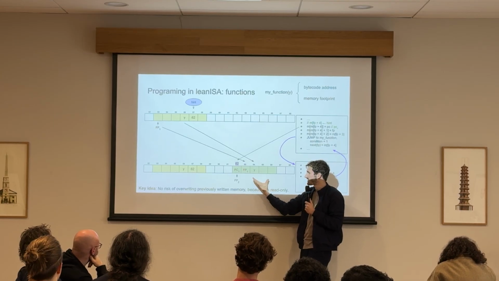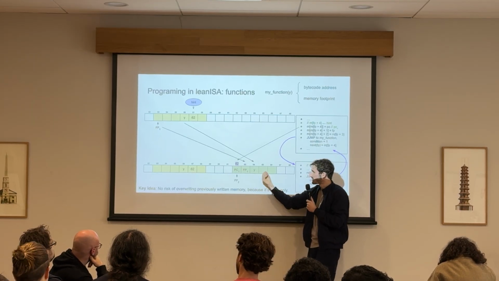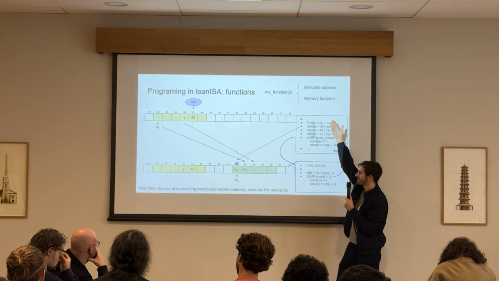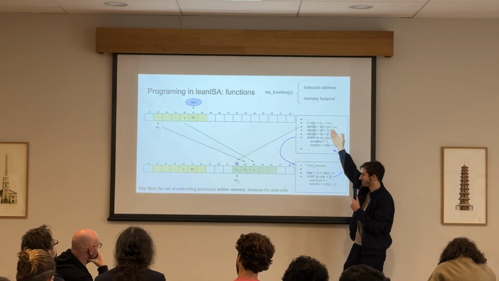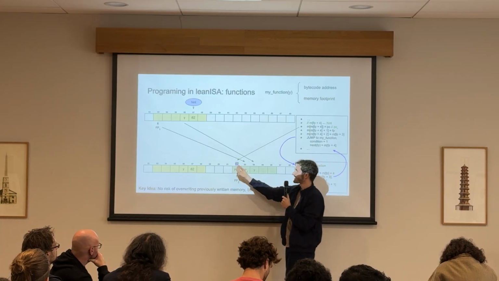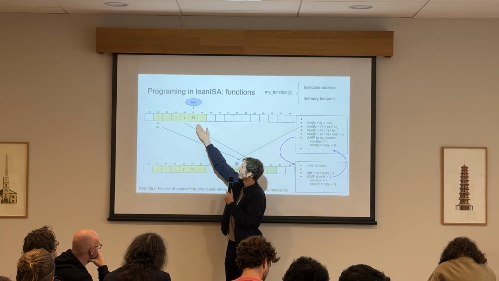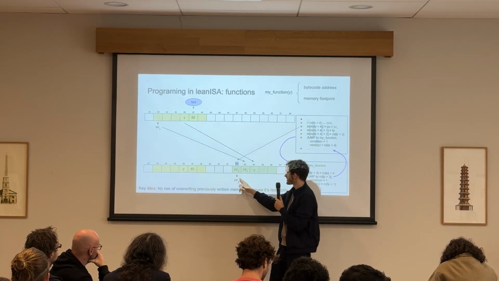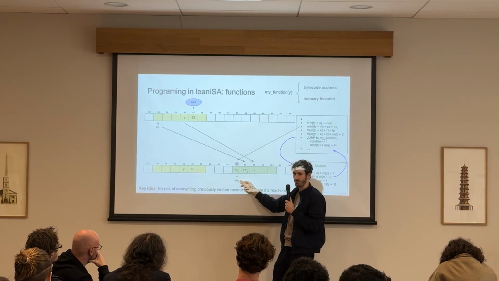So the prover can allocate some memory, knowing how much memory is required, and the prover will hint by inserting here the location of this allocated memory.